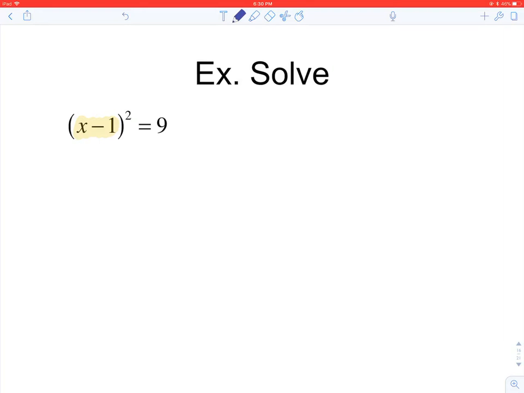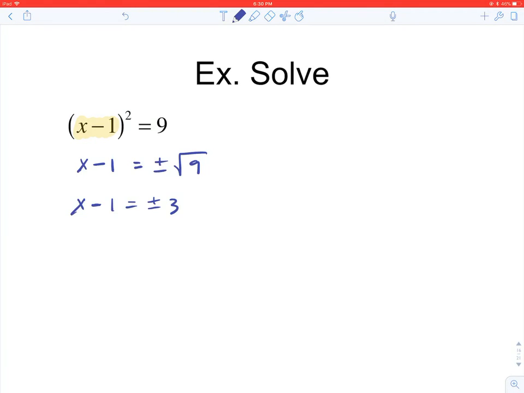So we're going to follow the same steps, except when we take the square root of each side, we're still going to have x minus 1 on the left-hand side, and then we'll have plus or minus the square root of 9, which you could probably have skipped writing because you guys know that the square root of 9 is 3, so we'll have plus or minus 3.